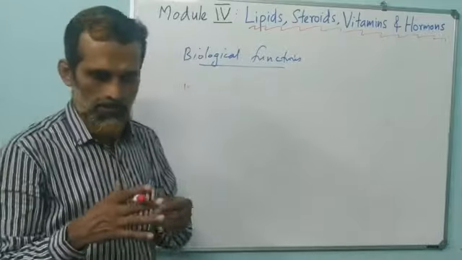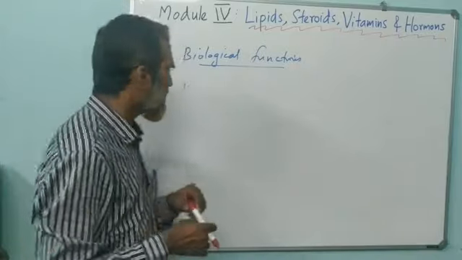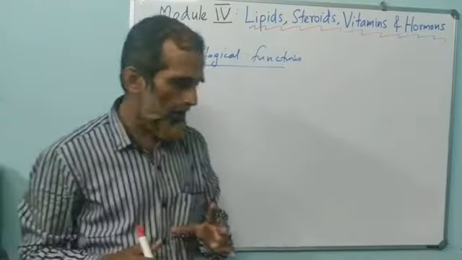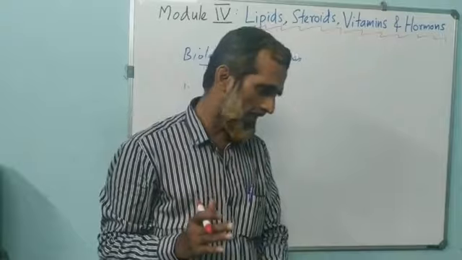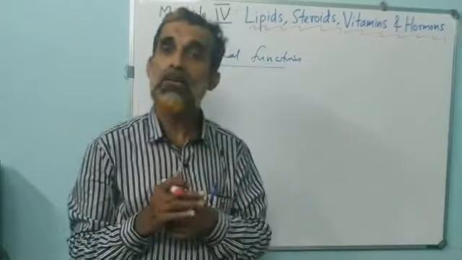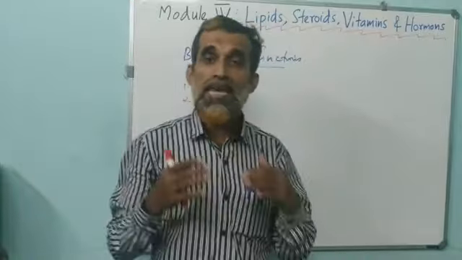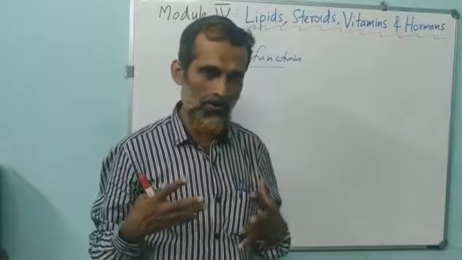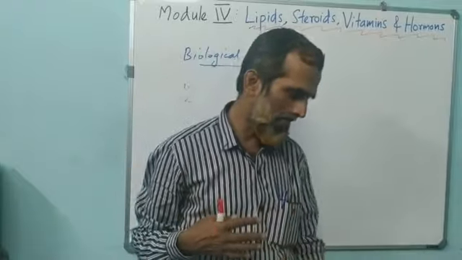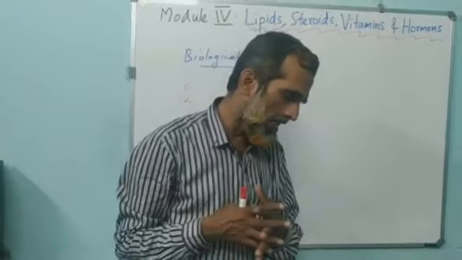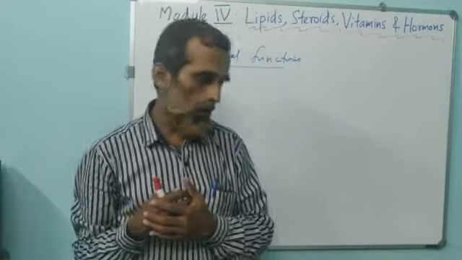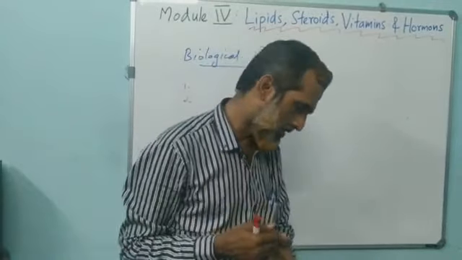So lipids form an important energy reservoir for animals. Number two, lipids act as a heat insulator, protecting our body from temperature changes, and also as a shock absorber for organisms.